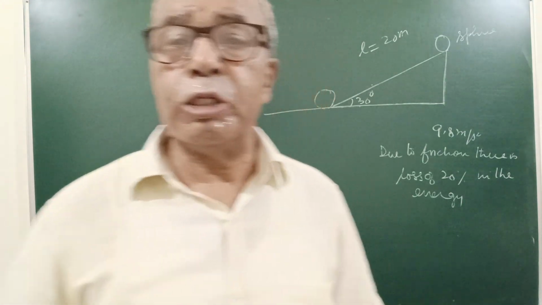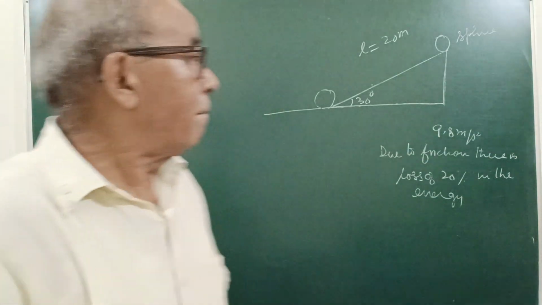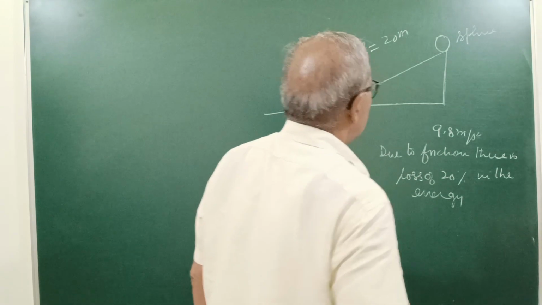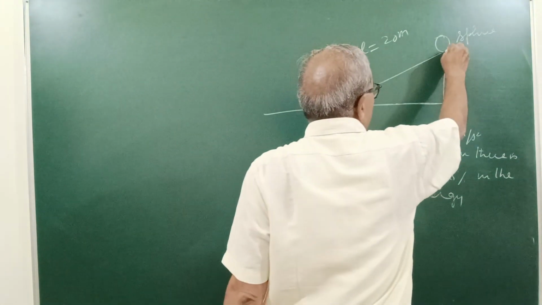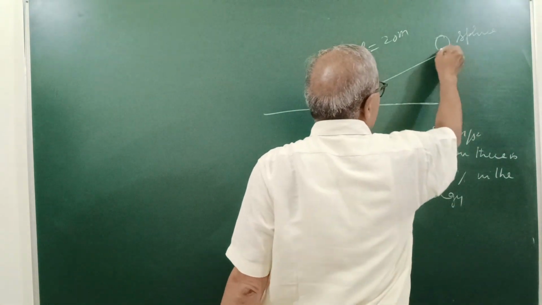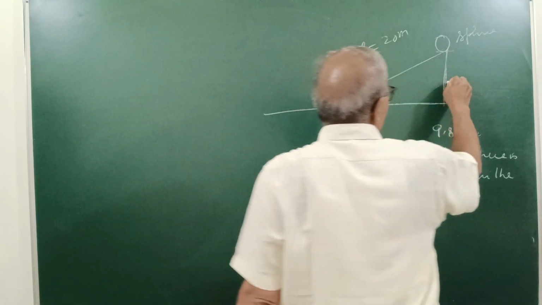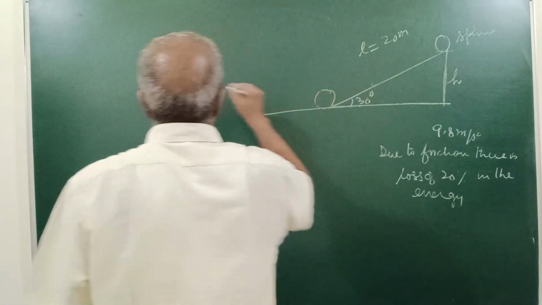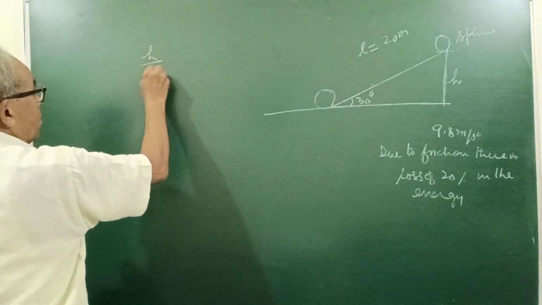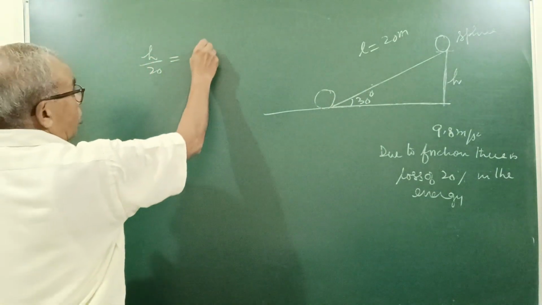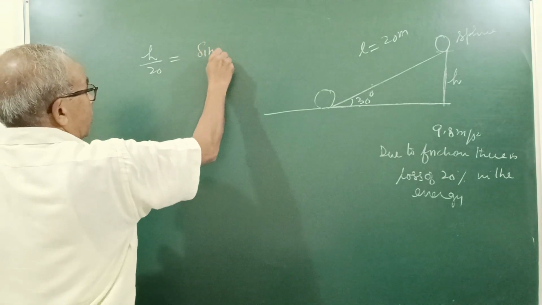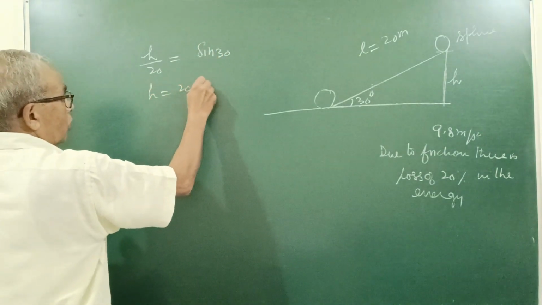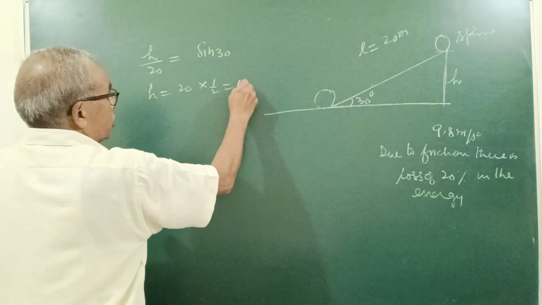So how to solve this question, dear students? Simple question. Actually, energy here is in the form of potential energy, mgh. So how much is this h? h upon 20 from trigonometry equals sin 30, and sin 30 is 1 by 2. So 20 into 1 by 2, so it is 10 meter height.